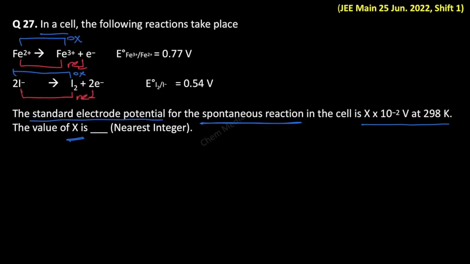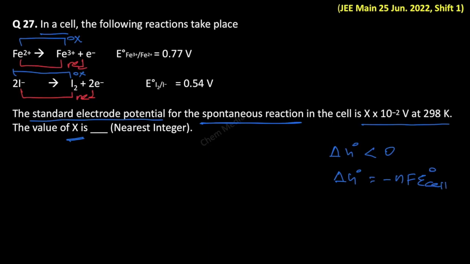Now the question says spontaneous reaction. When would a reaction be spontaneous? Only when the standard Gibbs energy is negative, that is less than 0, then only it can be spontaneous. And we know that delta G standard is equal to minus nF E cell standard.